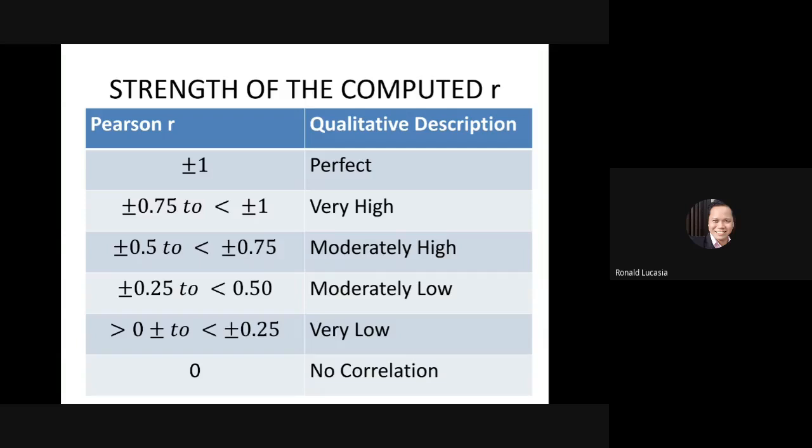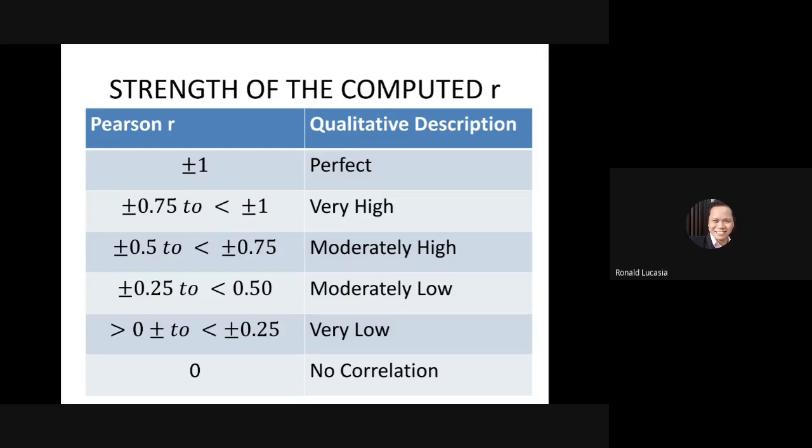For instance, you are concerned with the height of the father and the height of the eldest son. When we get 1 or negative 1, it means the height of the father is perfectly correlated to the height of the eldest son.